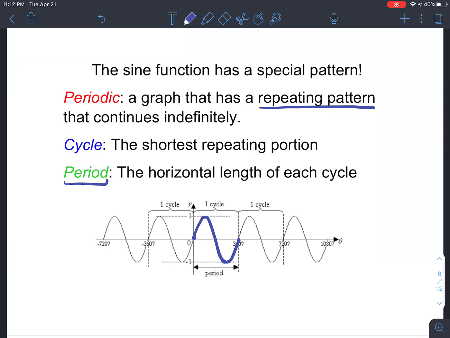Okay, it is the horizontal length of each cycle. It's the x values or the theta values for which we have one cycle. So in this graph that we have here, 0 to 360 is our period. So our period is 360. If those were in radians, our period would be 2 pi.